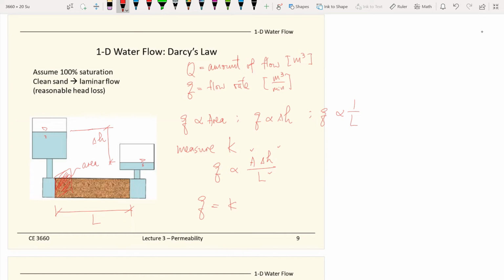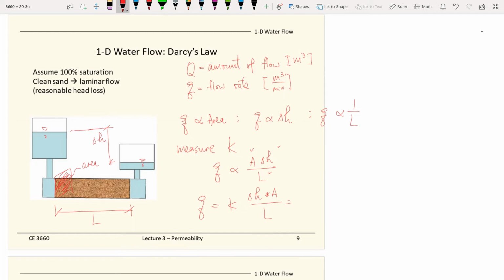K over here will be a constant between the three physical terms that we can measure and the flow rate. So this is the Darcy Law.